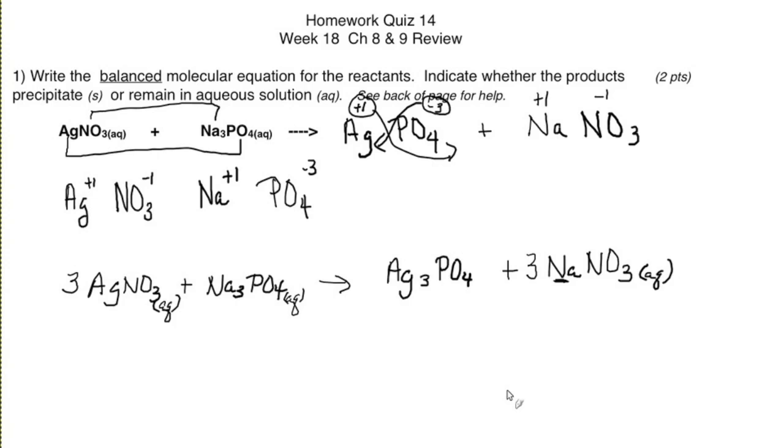And if I look at my solubility rules, I see that rule number 5 says that phosphates are insoluble except for rule 1. And rule 1 is anything in group 1. Silver's not in group 1, so that means that this one is going to precipitate. So we're going to put a little S there to tell us that that one is a solid. And that's the answer to number 1.